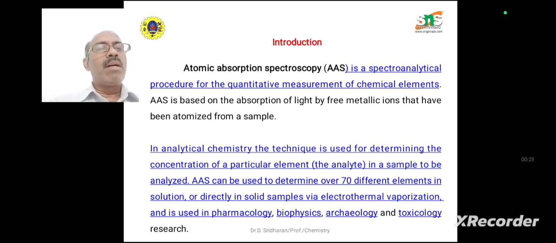It is based on absorption of light by free metallic ions that have been atomized from a sample. This technique is used for determining the concentration of a particular element in the metal, heavy metals like copper, iron, zinc. So those kinds of heavy elements we analyze with this technique.